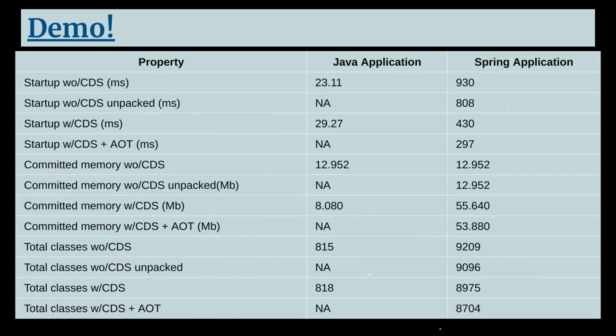These numbers over here represent a very gigantic spike in terms of native class shared space usage. But native class shared space usage does not necessarily translate to the overall uptake of memory, and it doesn't mean that the overall uptake of memory will increase with the usage of CDS.